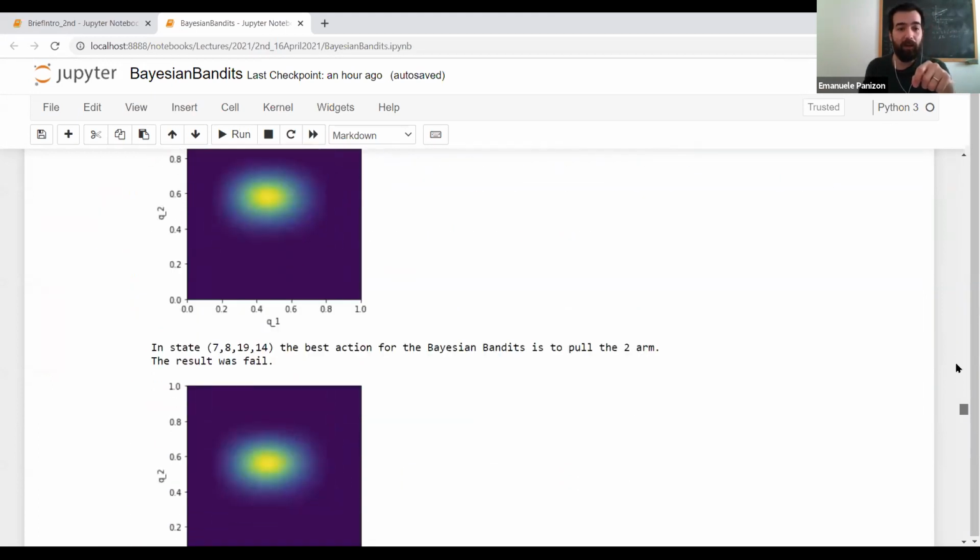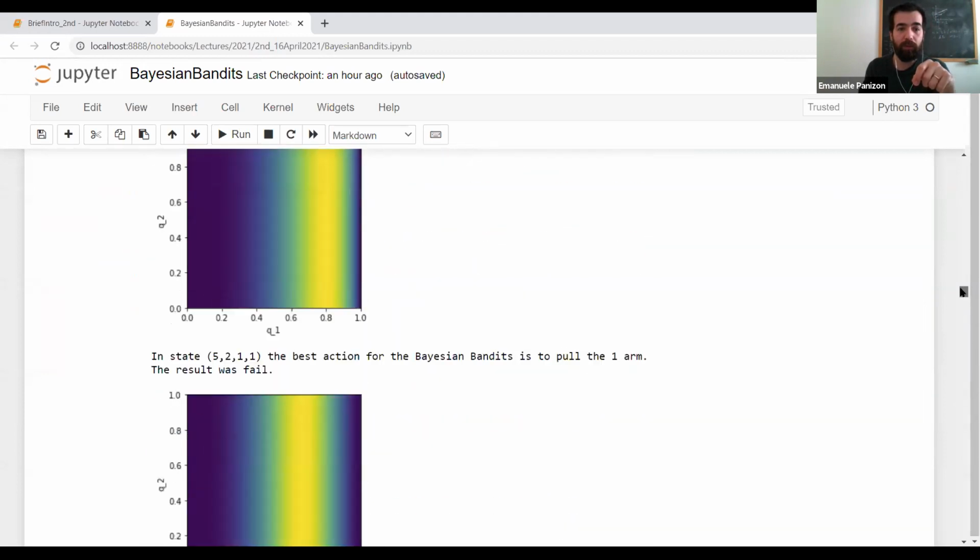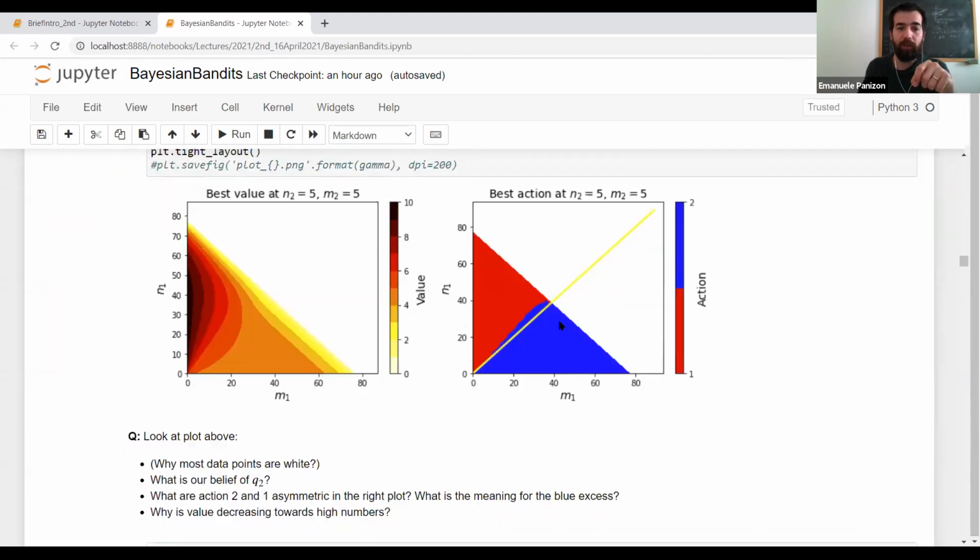And you can see now that here, close to the yellow line, my current belief in ARM2 is 0.5. My current belief in ARM1 is slightly above 0.5, okay? But as you can see, my belief in ARM1 actually comes from hyperparameters.